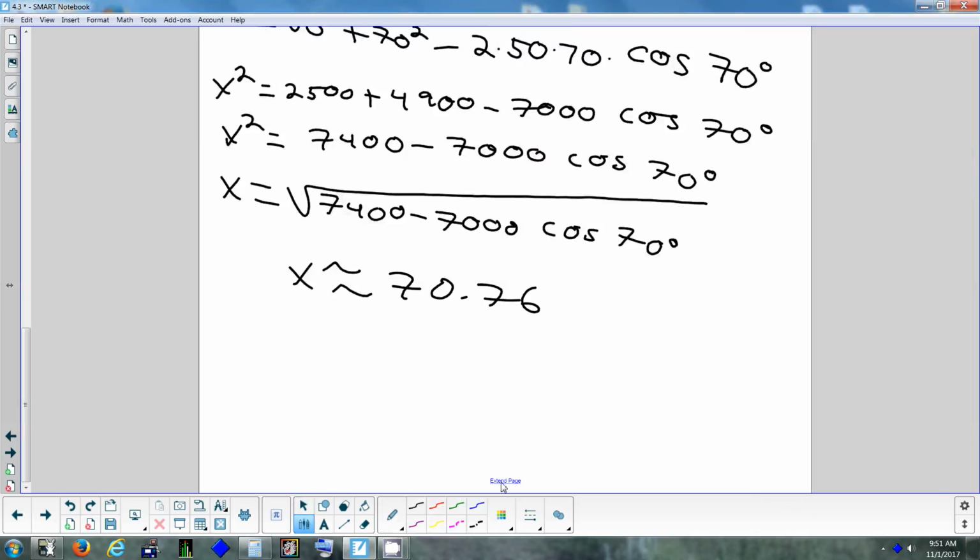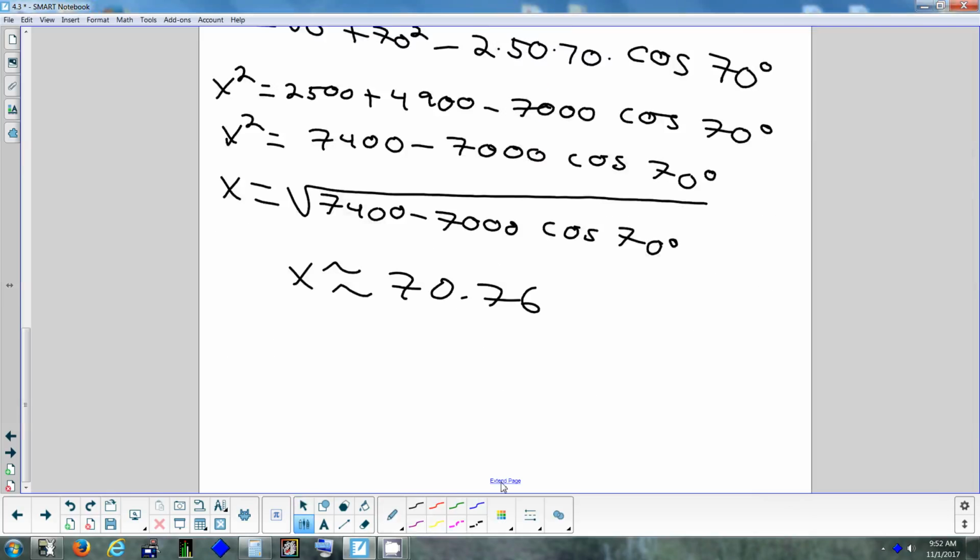Anyone else get 70.76? Yep. A couple people got it, some people didn't. Close. You got some, what did you get? Negative 2,308. I guarantee you there's not negative distance between the houses. Yeah, I think of the same thing. So we got to check maybe a parenthesis or something.